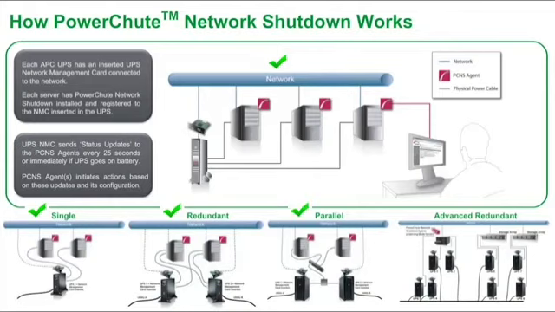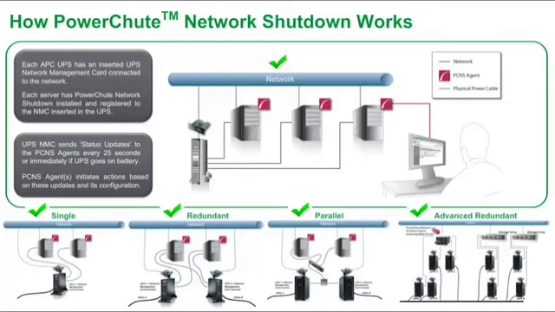Parallel UPS configuration. PowerChute Network Shutdown recognizes that the UPSs are set up in a parallel configuration and will monitor the changing load on the UPSs to manage how UPS events are aggregated, depending on the level of redundancy in the system at any given time. And Advanced UPS configuration.